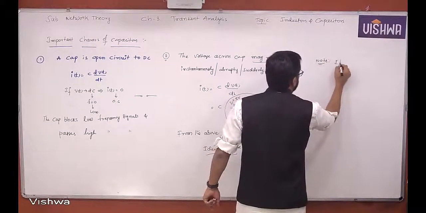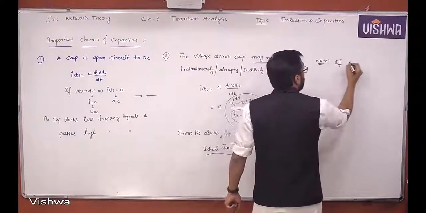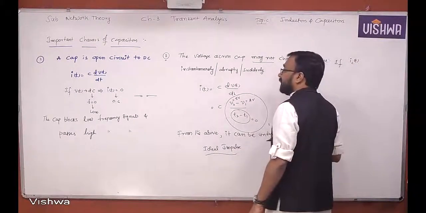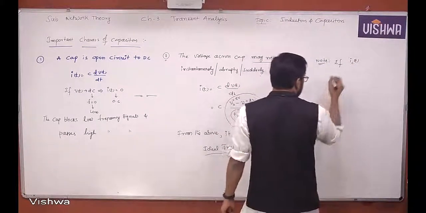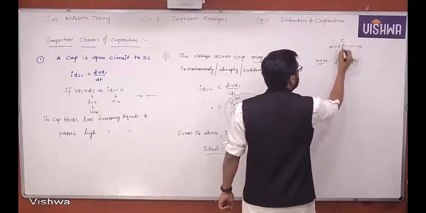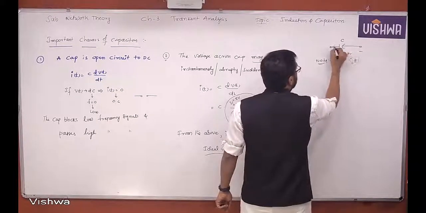If IC of t, what is IC of t? Let me draw it here. Say this is C, this is VC of t, this is IC of t.